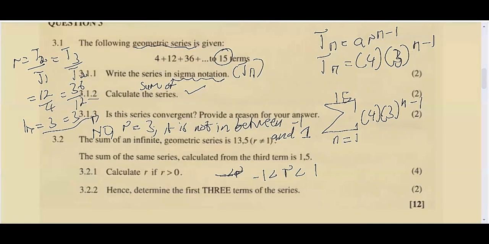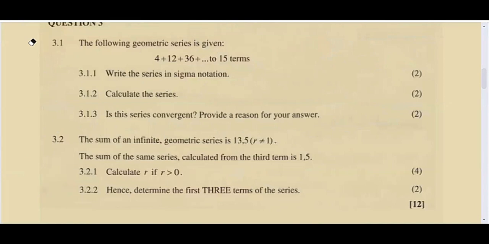So, okay, to calculate the sum, it's pretty simple, guys. All you have to do is write the formula. We have Sn is equal to a times r to the exponent of n minus 1, over r minus 1.